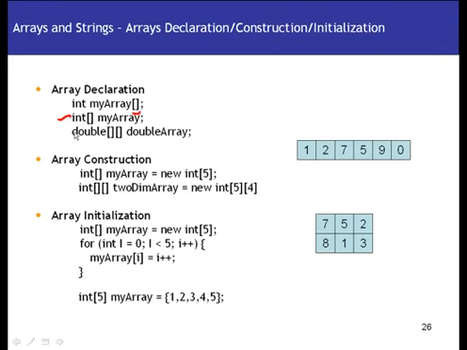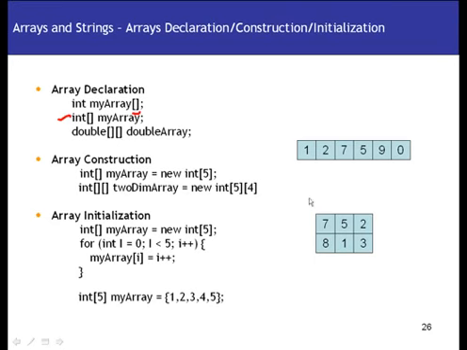Now if you have a look at the third example, it's somewhat different. You've got two brackets here as opposed to one bracket in the previous two examples. Why is it so? Because this is a two-dimensional array, right? And the previous two are single-dimensional arrays.